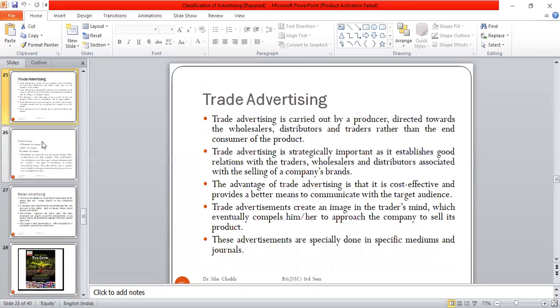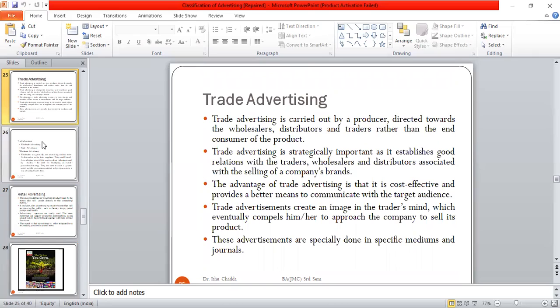Next is trade advertising. Trade advertising is carried out by the producer, the manufacturer. This is an ad which is promoted by the one who actually produced the product. It is directed at wholesalers, distributors, and traders rather than the end consumer of the product. We are the end consumers of the products, we are the customers. But this type of ad basically belongs to the wholesaler and the retailer only.